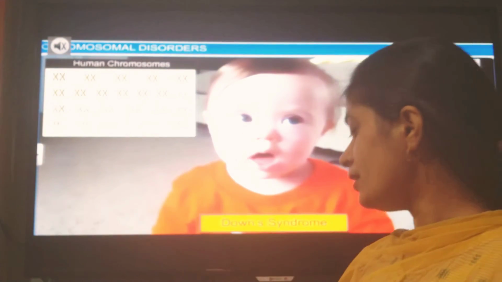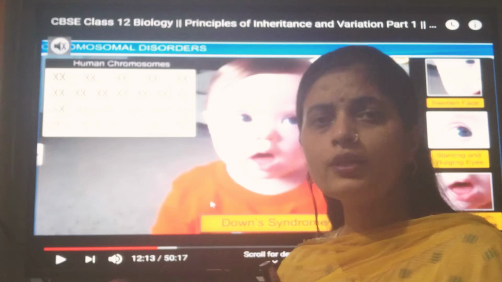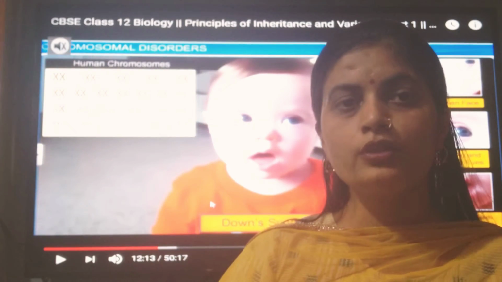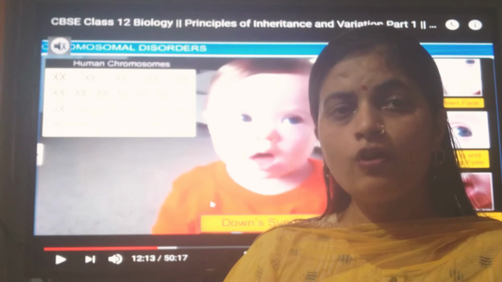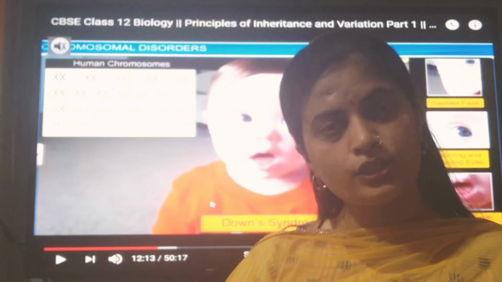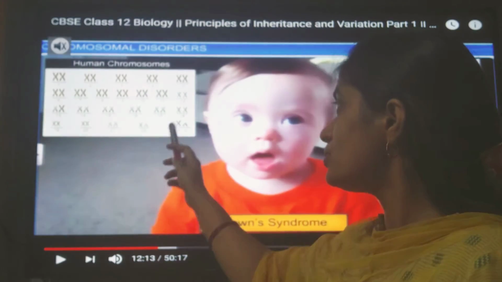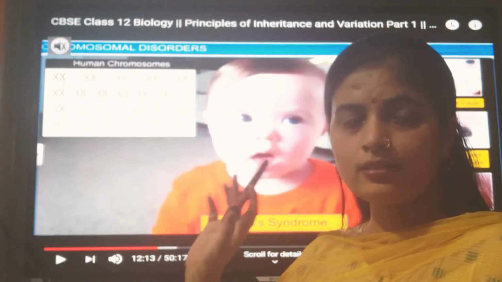Now what is happening here? What is the normal number of chromosomes found in a normal human being? It is 23 pairs, that is 46 chromosomes, represented here in this karyogram.